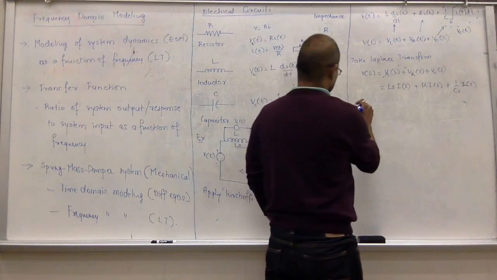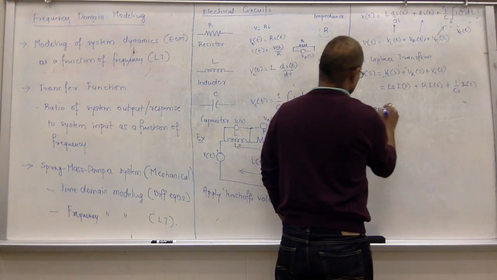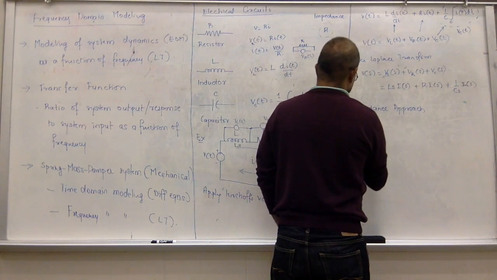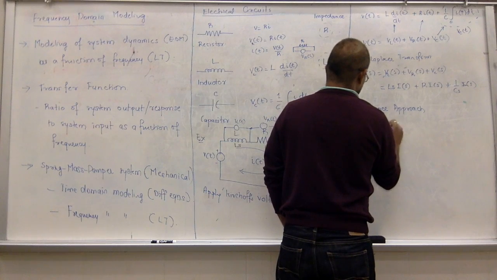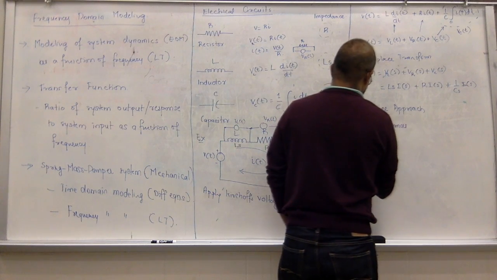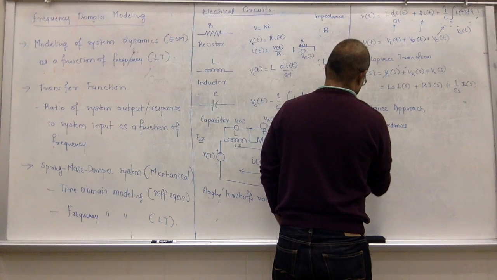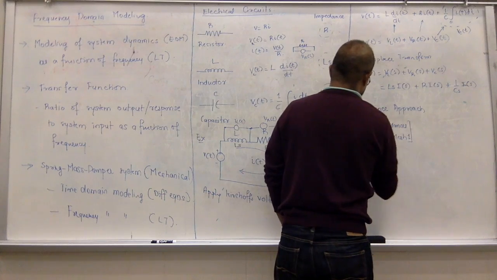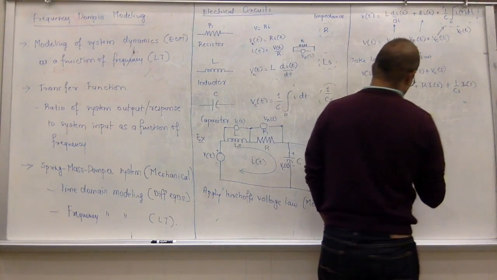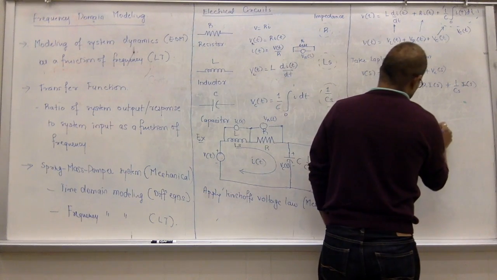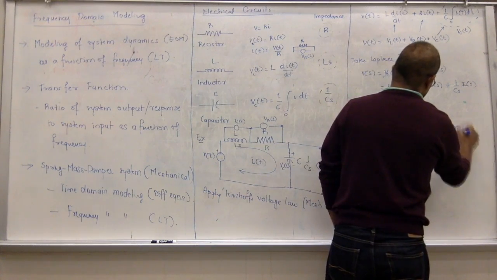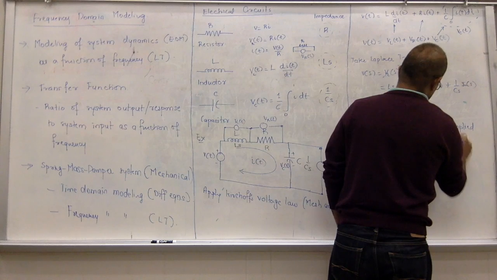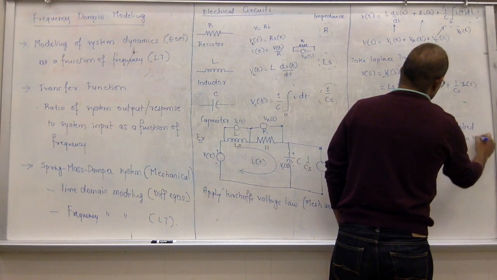Now, if I just finish with this impedance approach, we have the sum of impedances in mesh 1 equal to the sum of applied voltage in mesh 1.